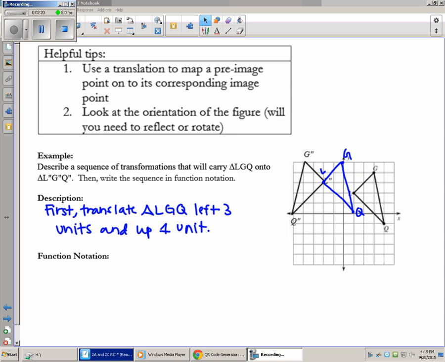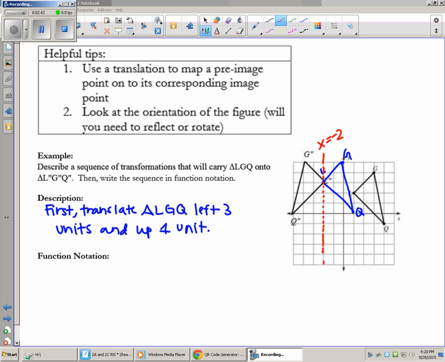So the order is different, which tells me that the orientation is no longer the same. So I know a reflection has to occur. I notice that I could flip over this vertical line, which happens to be the line x equals -2.